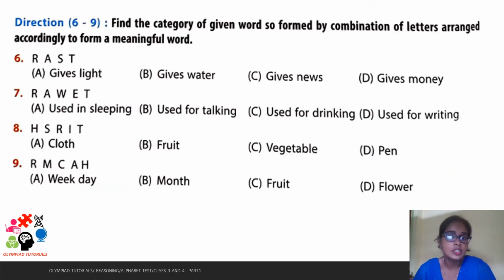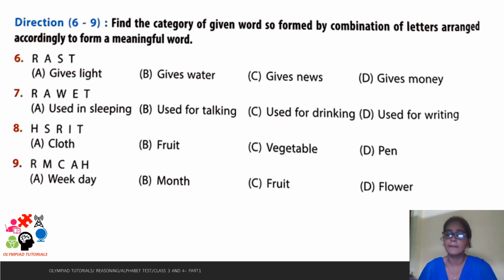Then question number 6 to 9, you have to solve it in a given rule. Find the category of given words so formed by combination of letters arranged accordingly to form a meaningful word. So again here you have a jumbled or scrambled word. You have to unscramble it and make a meaningful word, and see which option that word suits.